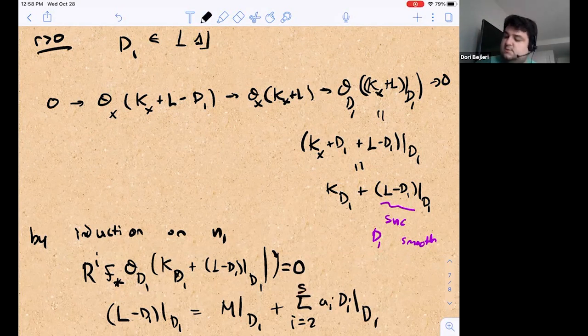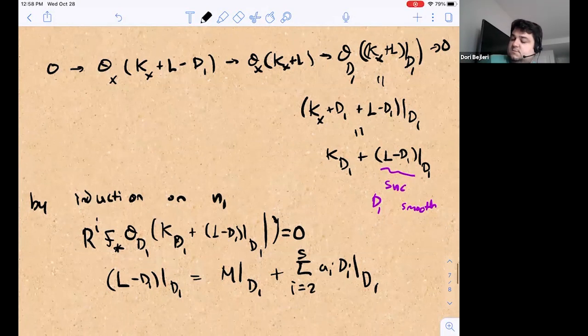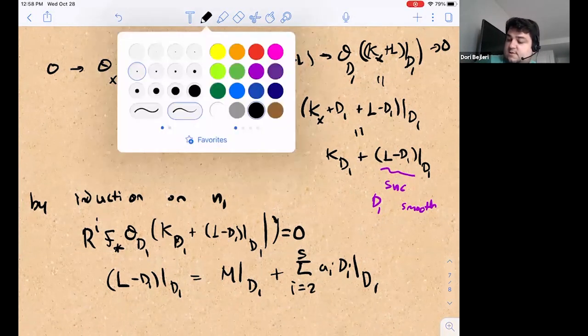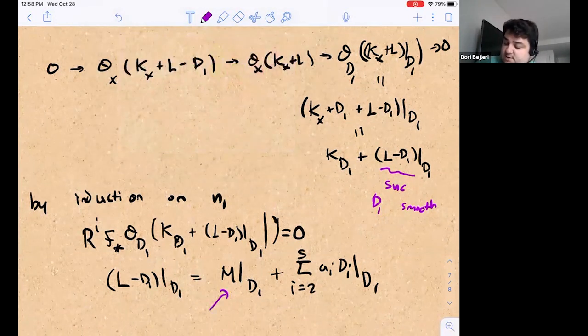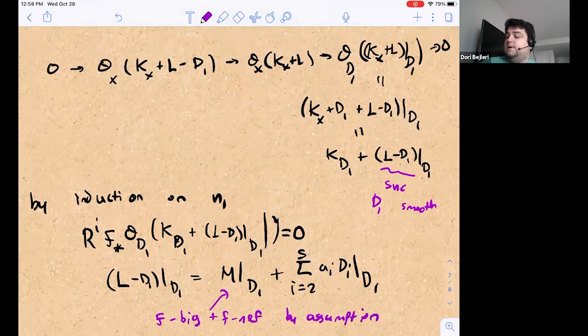So let's call it S. So this is where our assumption that this is still big comes in. So this is f-big plus f-nef by assumption. Okay, so that lets us apply our induction to D_1, so we get this vanishing of R^i f_*.